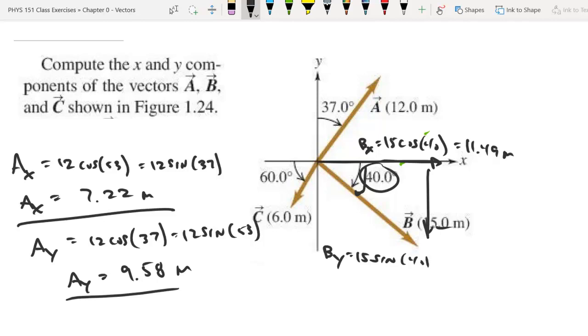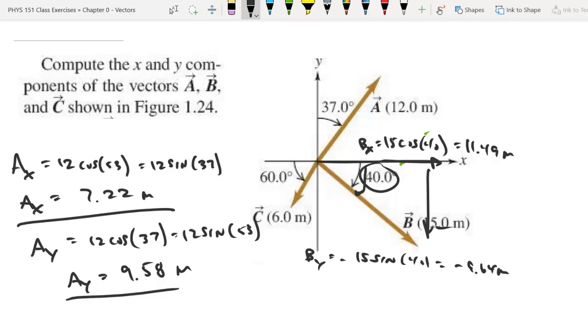But I have to be careful here because I'm in the fourth quadrant, so it should actually be a negative out in front. By equals negative 15 sine 40, and this is negative 9.64 meters.